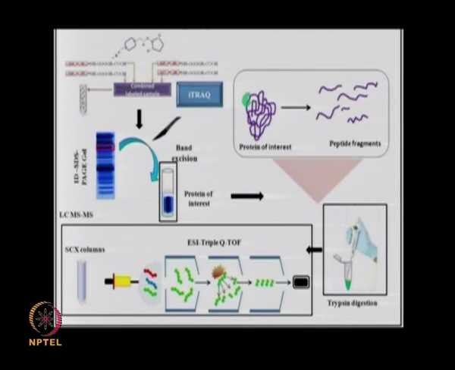One can use one dimensional electrophoresis or take the protein samples directly from the mass spectrometry based experiments. Separate those on LDS PAGE or 2D gel and then excise the band of interest or spot of interest.